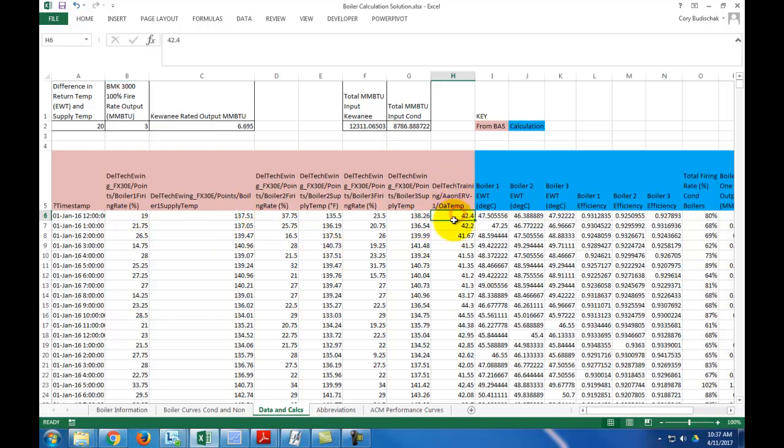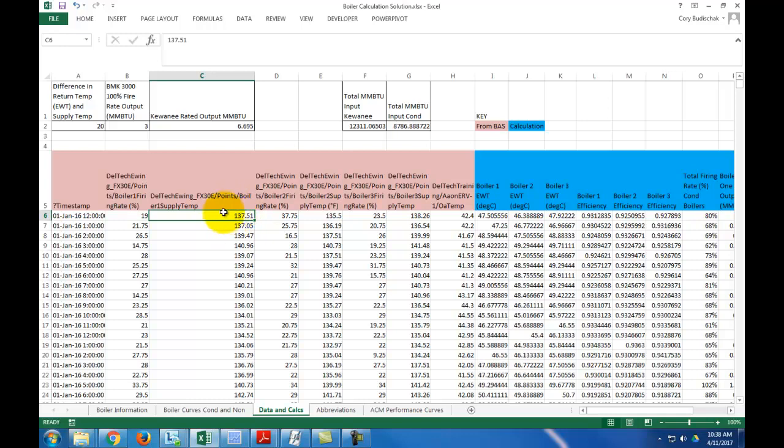And also make sure that you use Celsius for any temperatures that you have. So that's more like the supply temperature. The other assumption we're going to make is that return temperature and supply temperature is just a 20-degree Fahrenheit difference. So basically the entering water temperature is going to be the supply temperature minus 20.